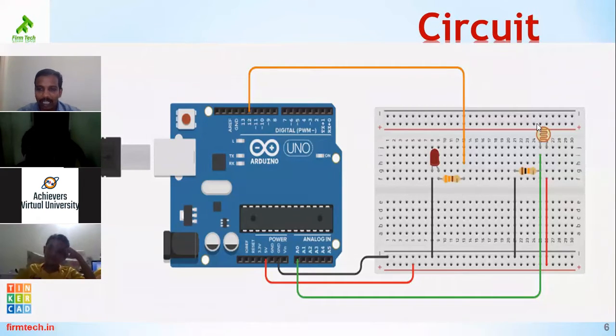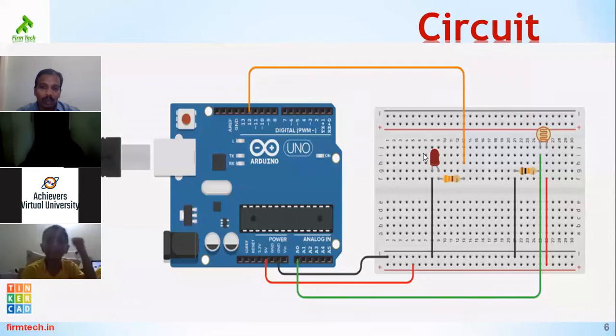This is the LDR, and this LDR is connected to the positive supply, that is the plus 5-volt rail, and the other terminal of the LDR will be connected to analog 0. We are connecting it to analog 0, and this is the pull down resistor which is connected to the ground at one side and to the output side of the LDR.